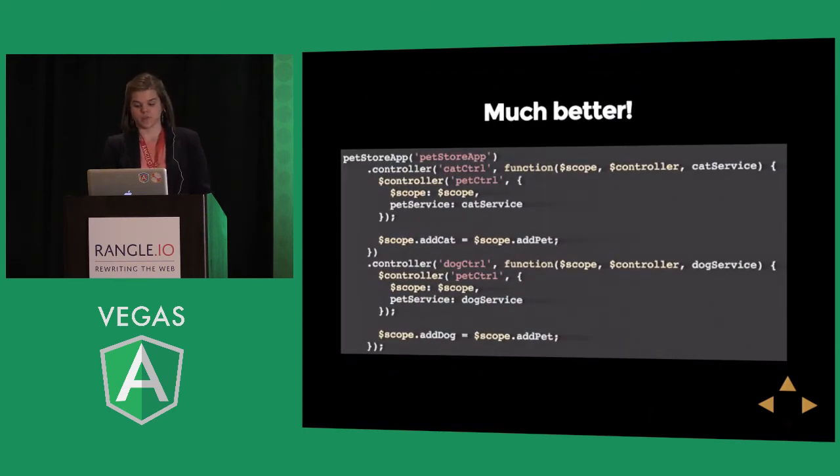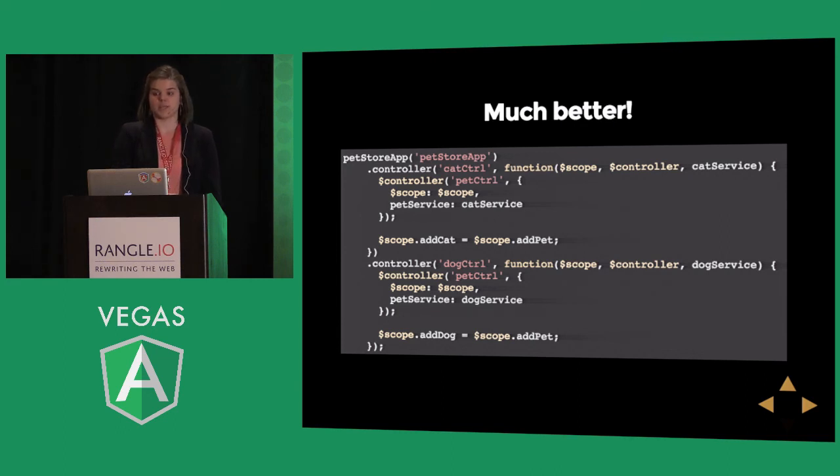And now here, in my specific controllers, I inject the controller service and then whatever particular pet service I need. So in my cat control, I can instantiate the controller here, extend the scope, and specify that the animal service or pet service I'm using is the cat service.